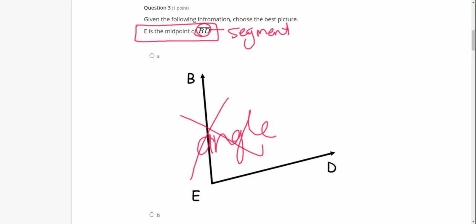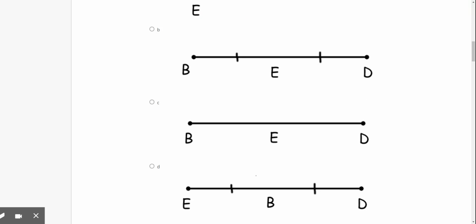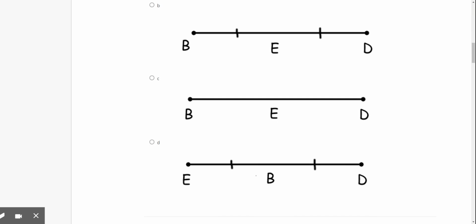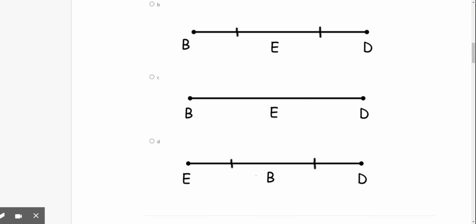So then, let me read this again. E is the midpoint of BD. What can I eliminate here? I can eliminate D because E should be the midpoint, right? And then what's more complete about B or C? B is more complete. What's different about B from C?